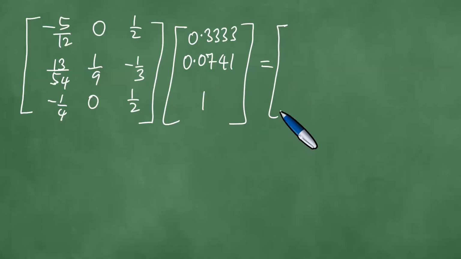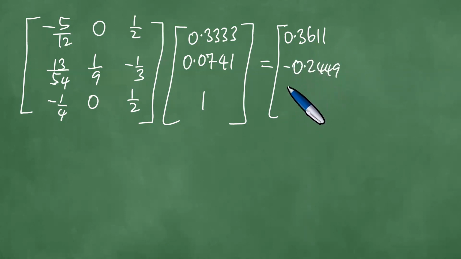So what this produces is 0.3611, minus 0.2449, 0.4167.